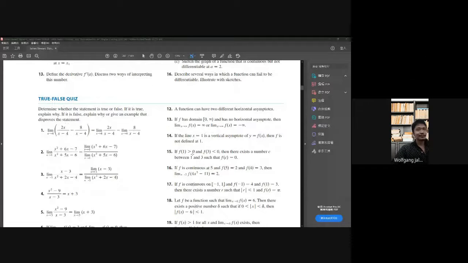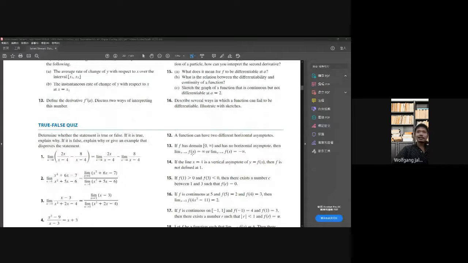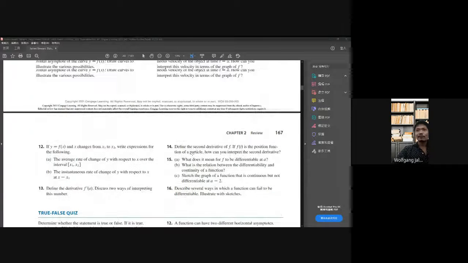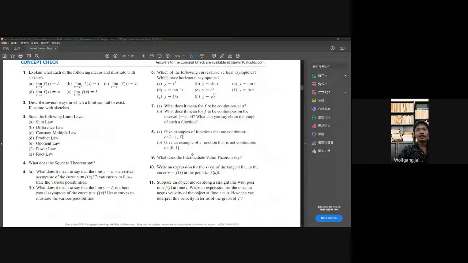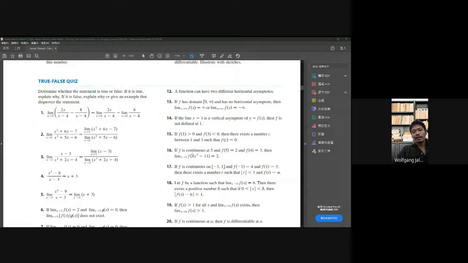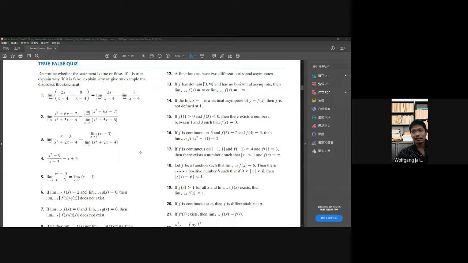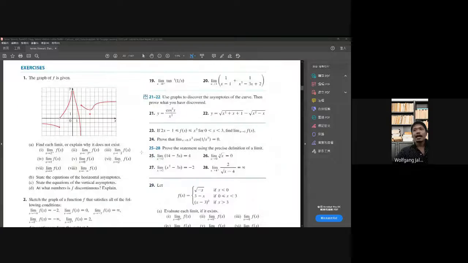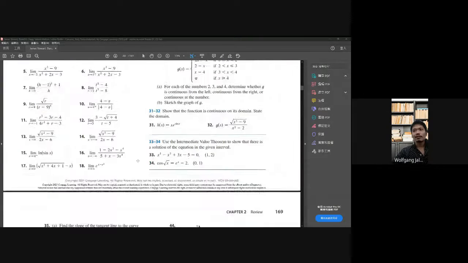Okay, this is the review question in your book, and from my experience last year, the format of the exam will more or less follow this kind of format. There is a theoretical question, a little bit of true or false, and then the normal things.